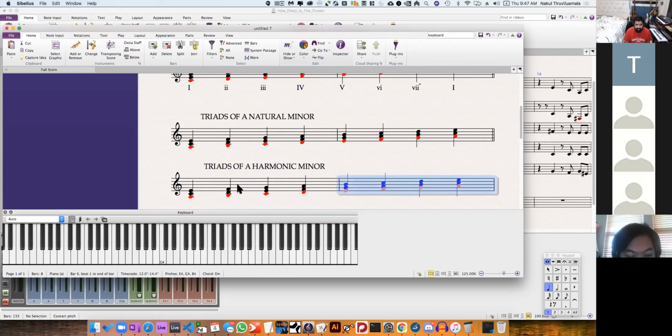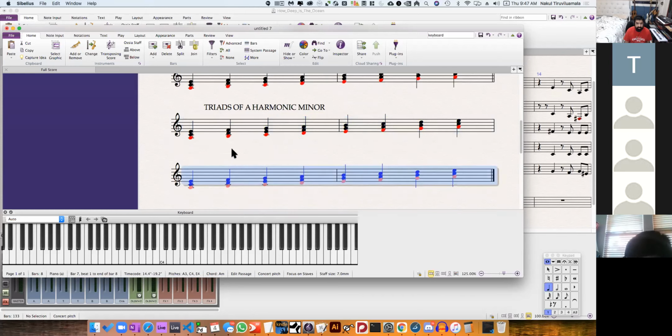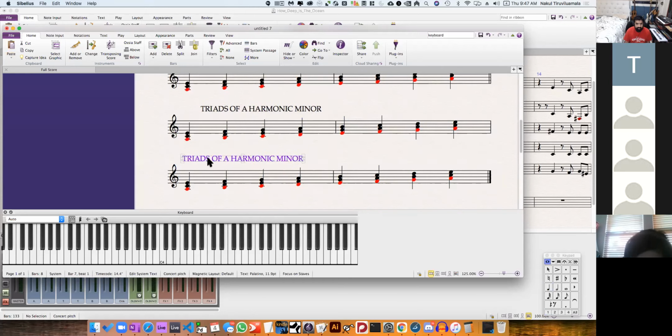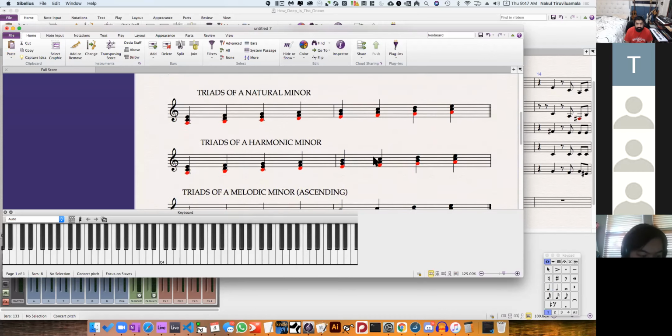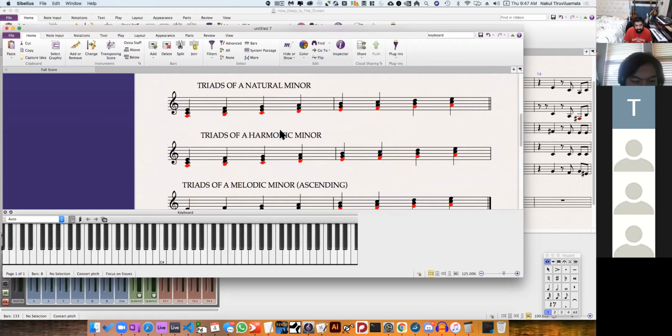And let's do the same thing for A melodic minor, ascending, right? Because melodic minor descending is what? A natural. Exactly. So we already have that information here.